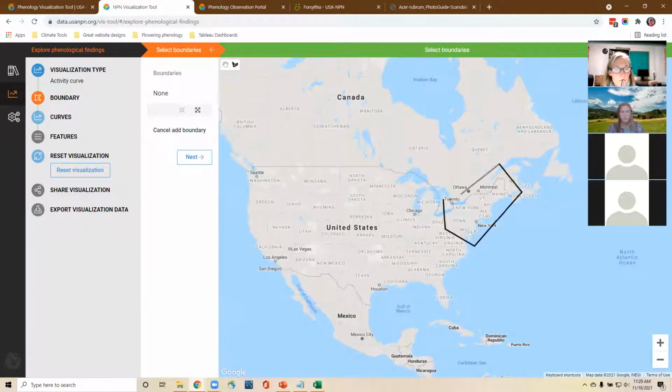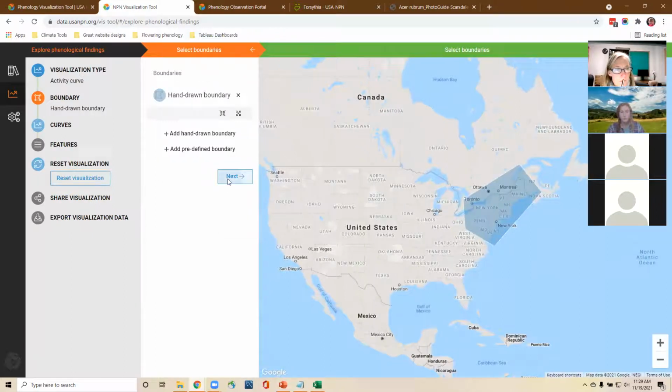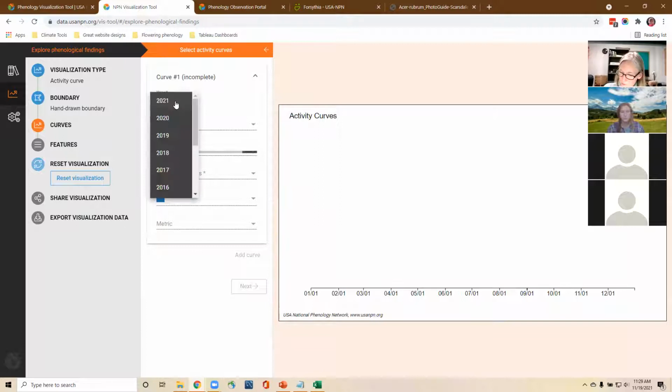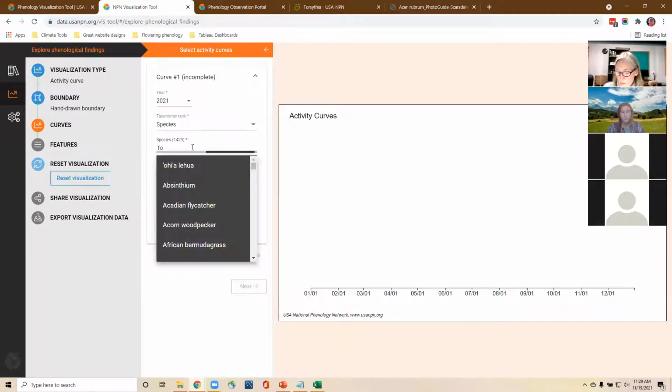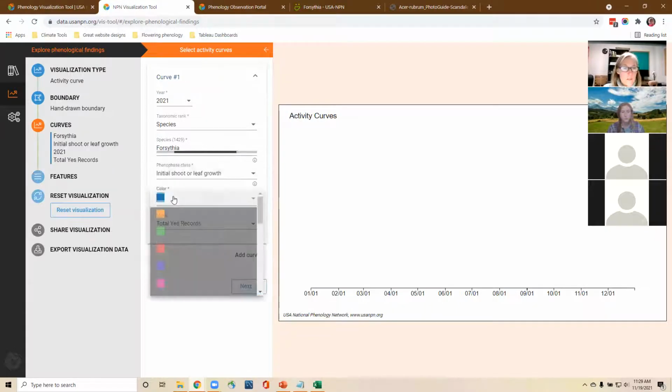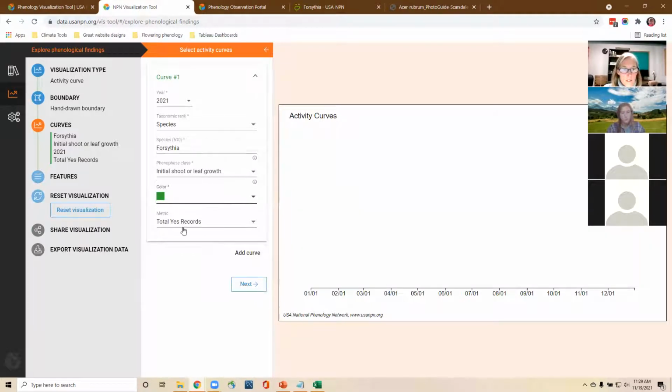I'm going to do the Northeast again. And then we have to put the same kind of things on with the year and the species. This part is the metric that we're going to display.